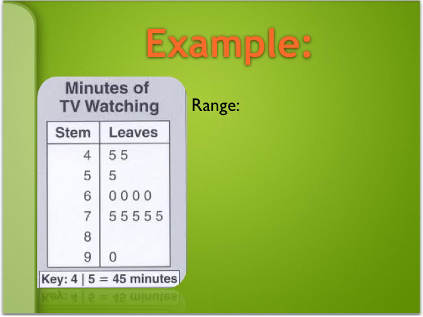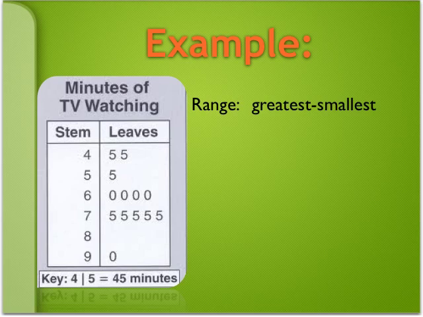All right, the first thing that we need to do is find the range of our stem and leaf plot. Remember that range is just the greatest minus the smallest. So we're going to look at our largest number. Remember, it shows it from least to the greatest in our stem and leaf plot. Our largest is 90.